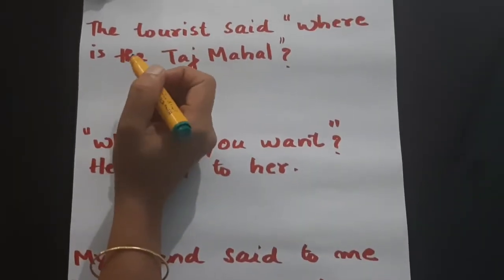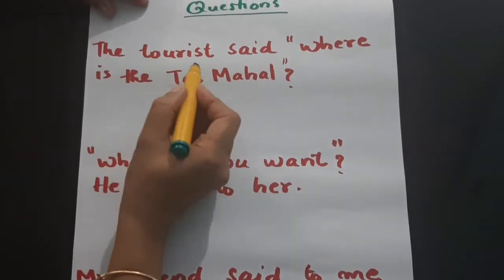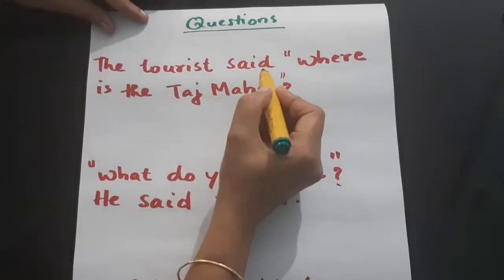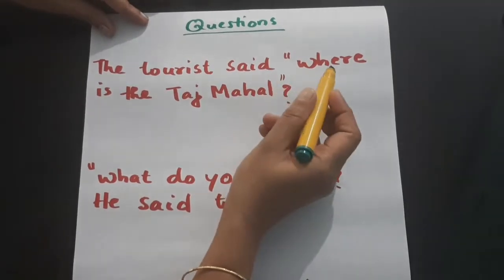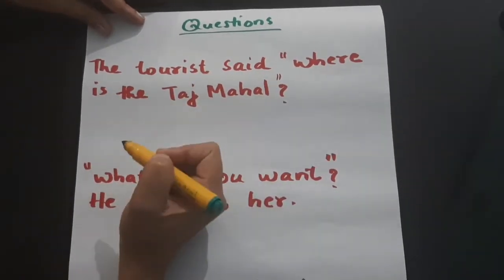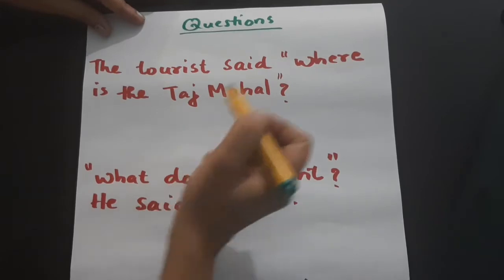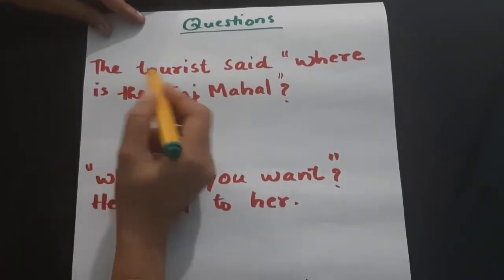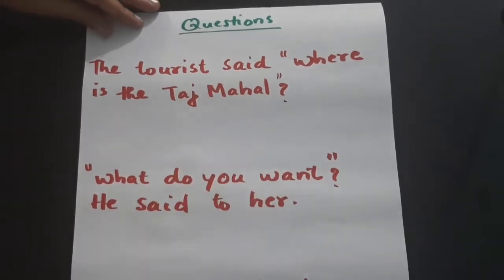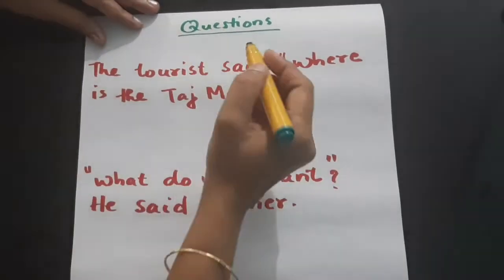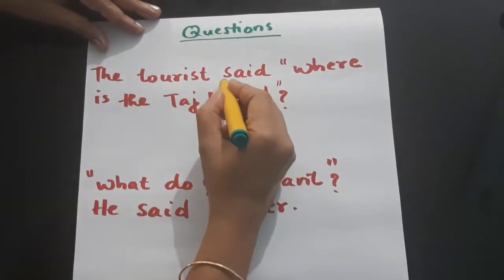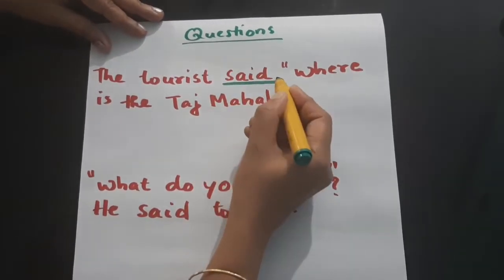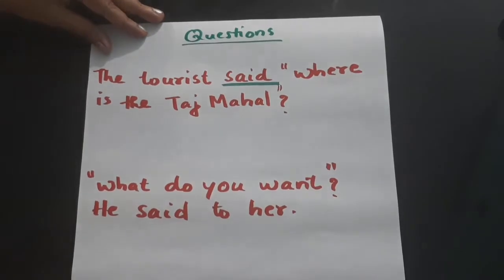Okay, so that is it. Consider this question. The tourist said, "Where is the Taj Mahal?" Was the question? Where is the Taj Mahal? Who told this? The tourist. Okay, first and foremost, we need to know which reporting verb can be used in case of questions.